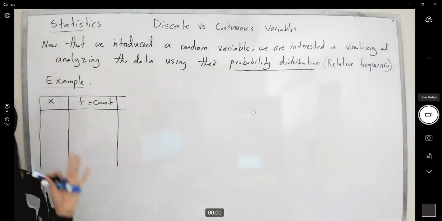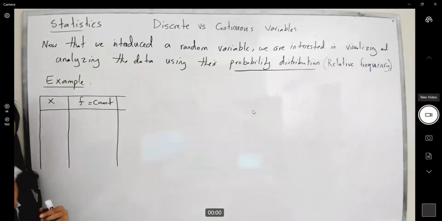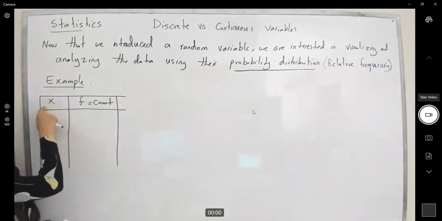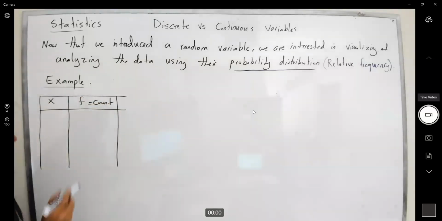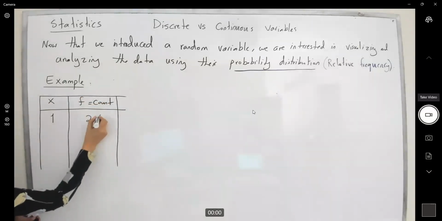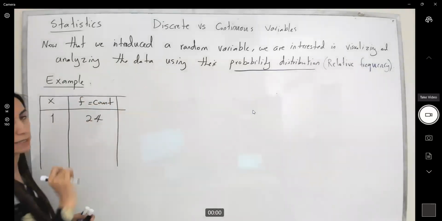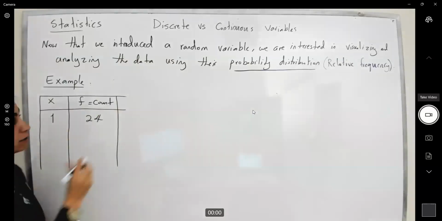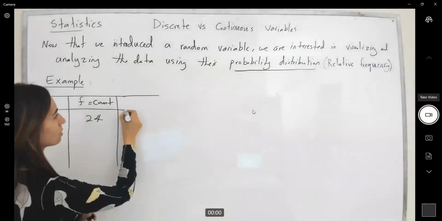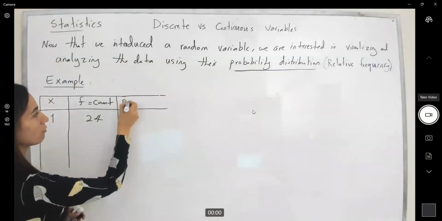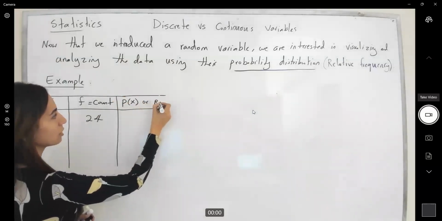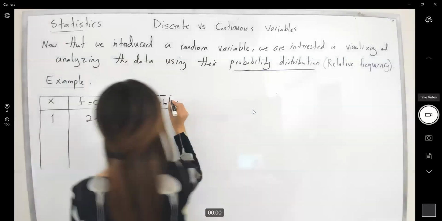Remember that in constructing our frequency table, we started by having classes, but instead of classes, we're going to use just x as a random variable. The very first x is 1 with frequency 24. Now, in the next step, we're going to calculate the probability or the relative frequency. How do I do that? This is equal to P of x, or relative frequency.